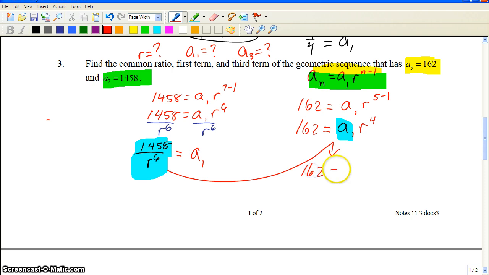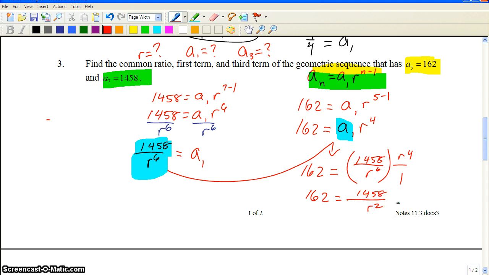We get 162 equals 1458 over r to the 6th times r to the 4th, and I'm going to write it over 1. We multiply those 2 rational expressions. That's like from last chapter a little bit. R to the 4th over r to the 6th is 1 over r squared, so it's just r squared in the denominator.